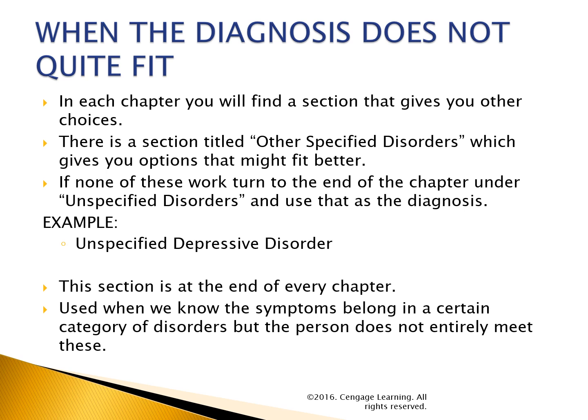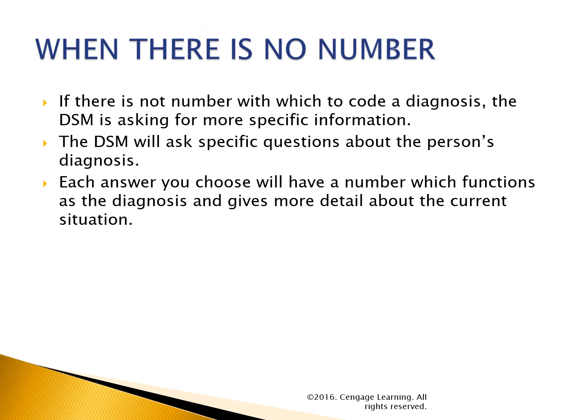If none of these work, turn to the end of the chapter under Unspecified Disorders and use that as the diagnosis. Example, unspecified depressive disorder. This section is at the end of every chapter, used when we know the symptoms belong in a certain category of disorders, but the person does not entirely meet these.